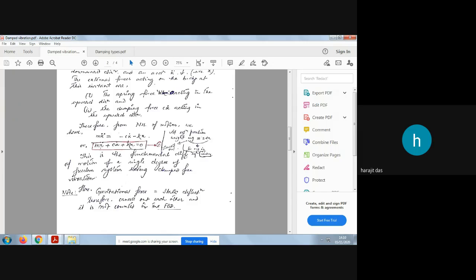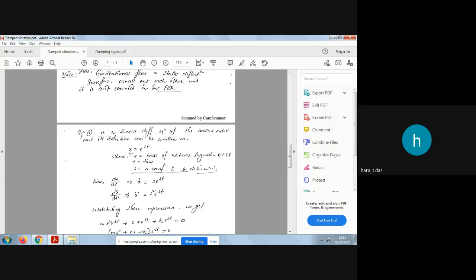So this equation is a second order differential equation because the mx double dot term is there. So for this kind of differential equation, the general solution is given by x equals to e to the power st, so small s t, where s is a constant which needs to be determined.